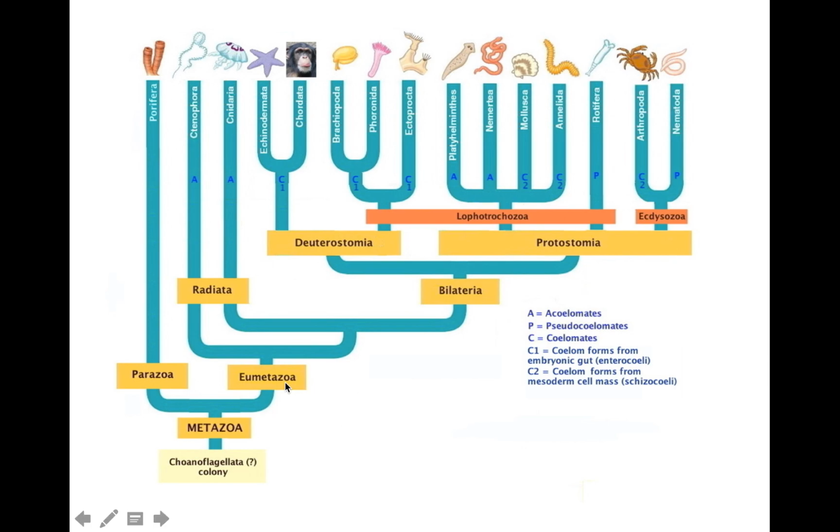Eumetazoa means true animal. And from there, we're going to talk about symmetry. Radial symmetry, we'll talk about the Ctenophora and the Cnidarians, and then the rest will be bilateral. And with bilateral symmetry, we'll get into the deuterostomes versus the protostomes. So we'll talk about each of these little clades. There's Chordata, which basically means backbone or vertebrae, and then protostomes over here. So we have a lot of different clades that we're going to go through in this semester.